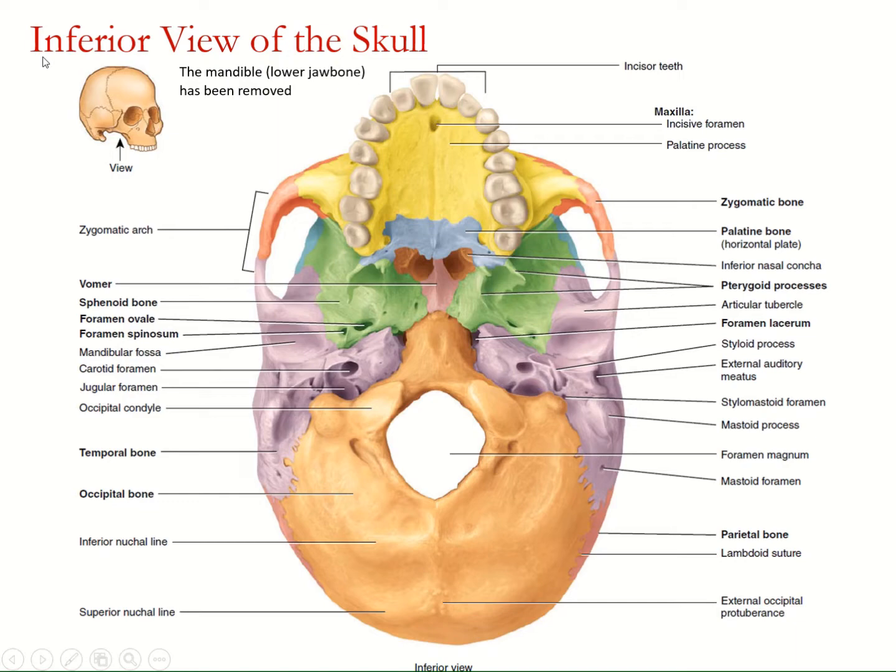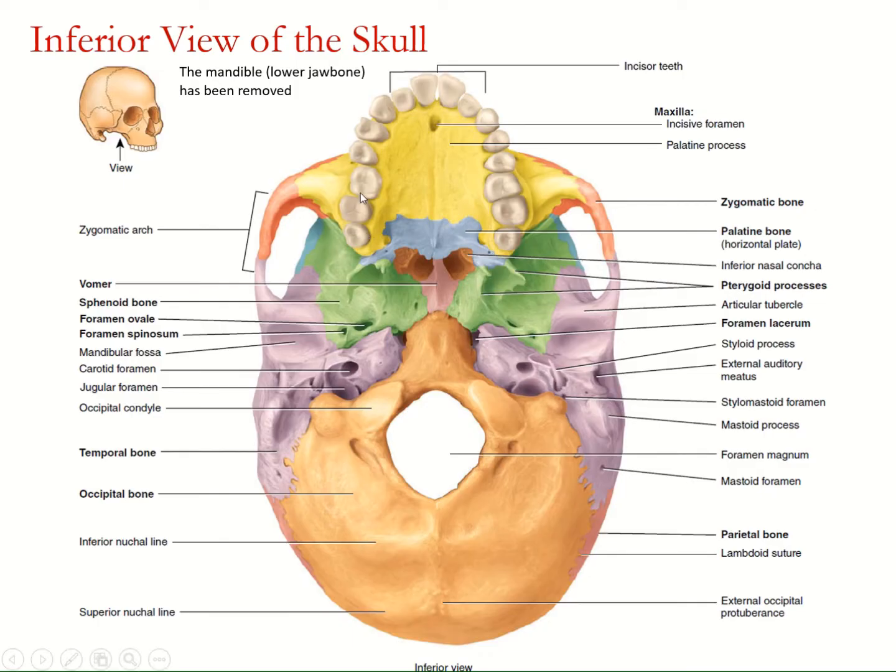So we have here the inferior view of the skull. This is a view like a camera view coming from below. So we have here the anterior or front. We have here the posterior or back, and then we see it from below the skull. The mandible here or the jawbone is removed.